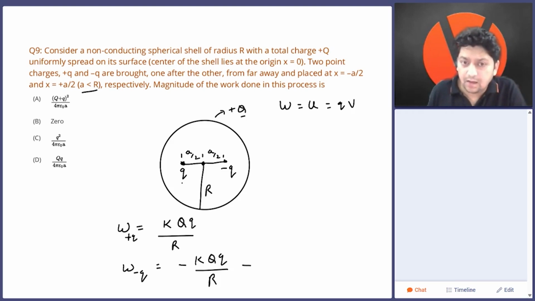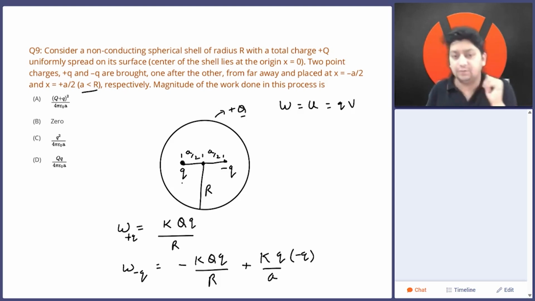And from the positive q charge, the value of potential will be k q by a, and we have brought minus q charge, so over here I can write negative q.